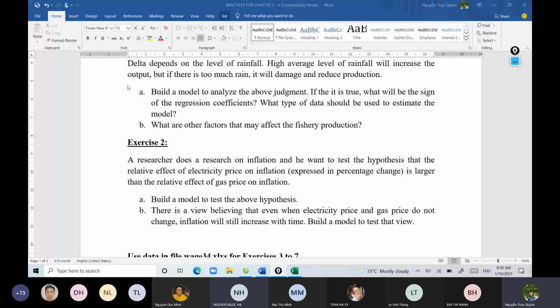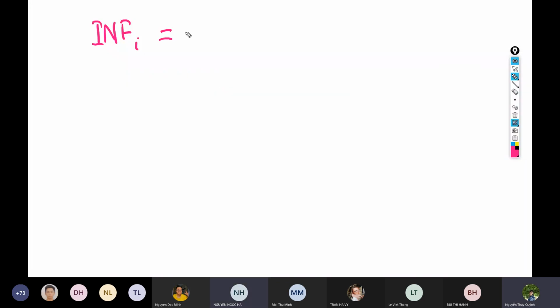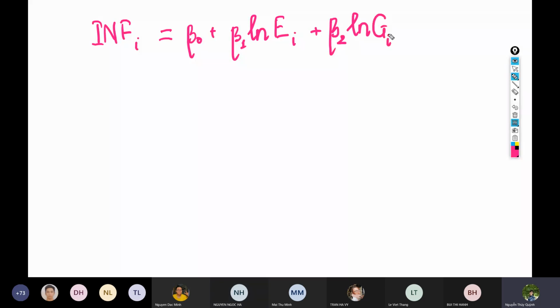Yeah, okay. So we have here inflation is equal to beta 0 plus beta 1 times the natural logarithm of electricity price. For example, I call it E. Plus beta 2 times the natural logarithm of G, for example, gas price, and plus u_i.